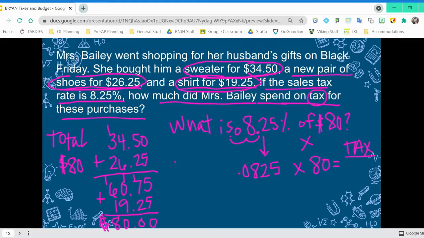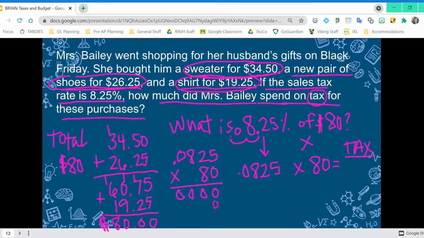So let's set it up. We put the longer number on top, which is going to be 0.0825, and we're going to multiply by 80. So put the longer number on top so that we're only having to multiply by 2 digits by all of these instead of doing 4 digits. So 0 times 5 is 0. We've got all zeros on this line, in fact.